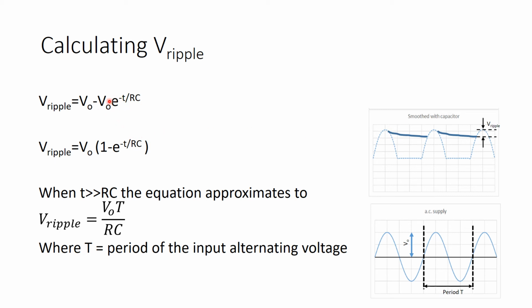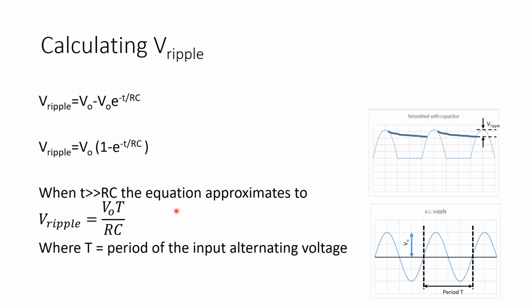So we can rearrange this. V ripple is V0 times (1 minus e to the minus t over RC). And when t is much smaller than RC, the time constant, this equation will equate to V ripple equals V0 times t, the time period, over RC.